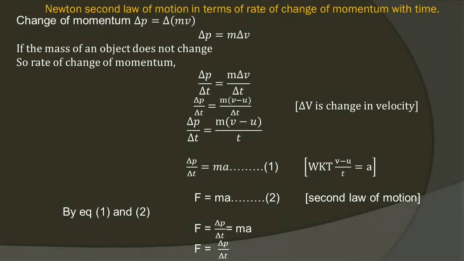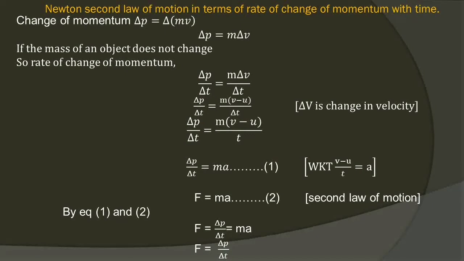So the change of momentum will be del p is equal to del m into v, clear? By the formula, we can write del p is equal to m del v.